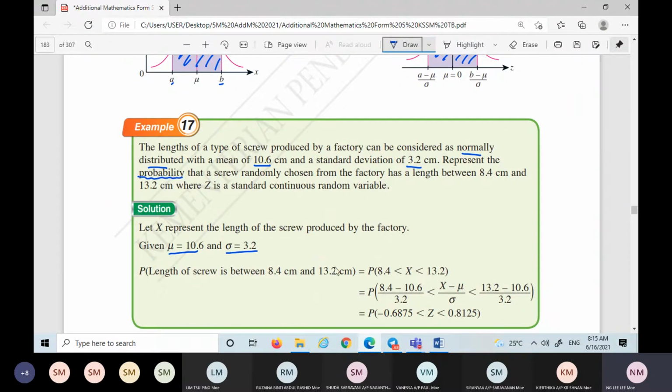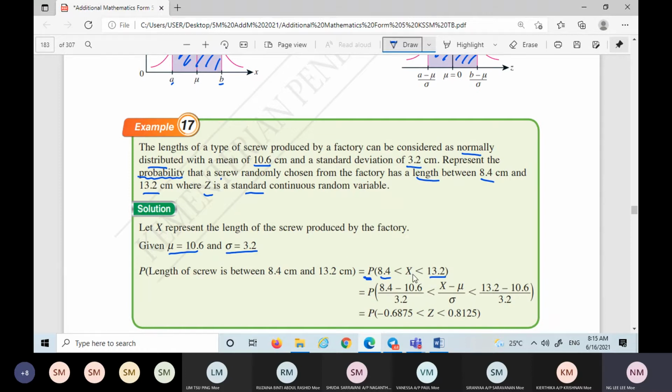Probability, so P, then the screw length between 8.4 and 13.2, where Z is a standard continuous random variable. They want you to change it into a Z score.